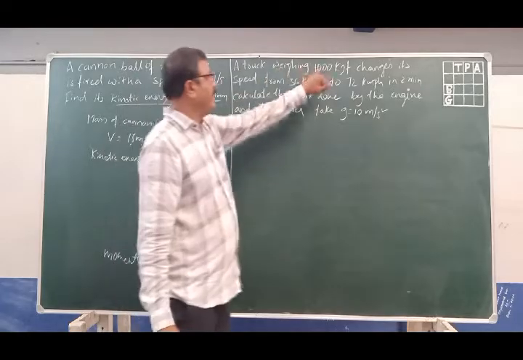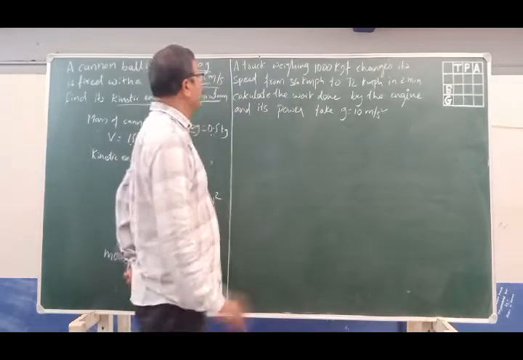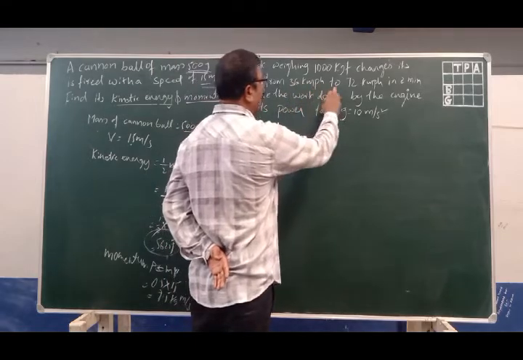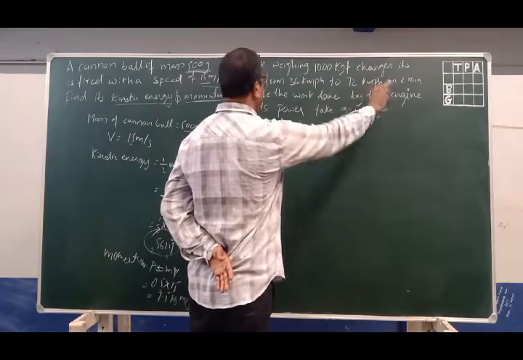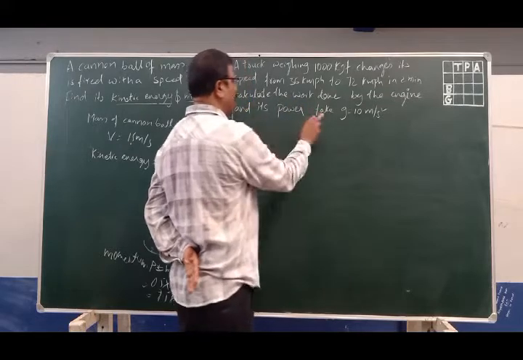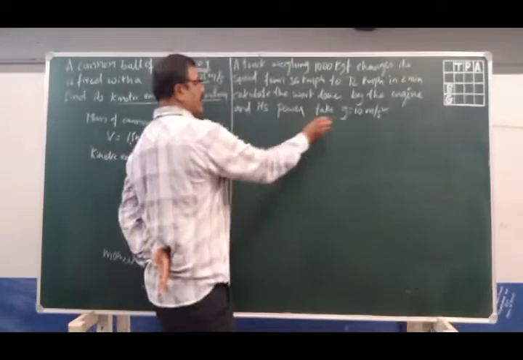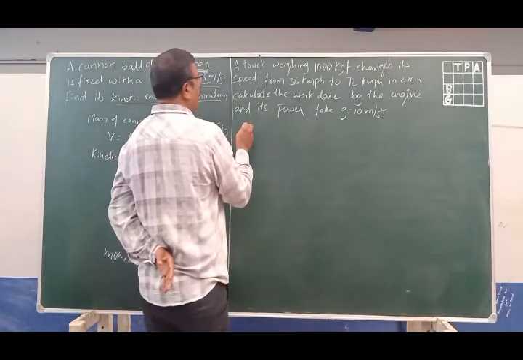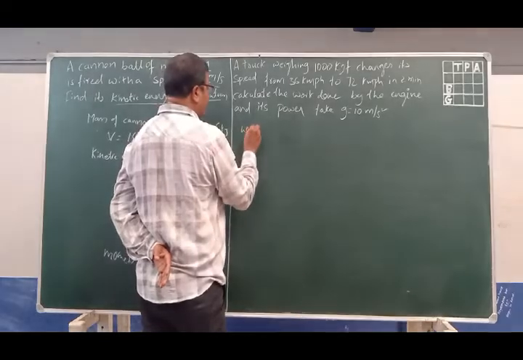A truck weighing 1000 kgf changes its speed from 36 km per hour to 72 km per hour in 2 minutes. Calculate the work done by the engine and its power. g needs to be taken as 10 meter per second square. So what is the weight of the truck? First he has given weight.